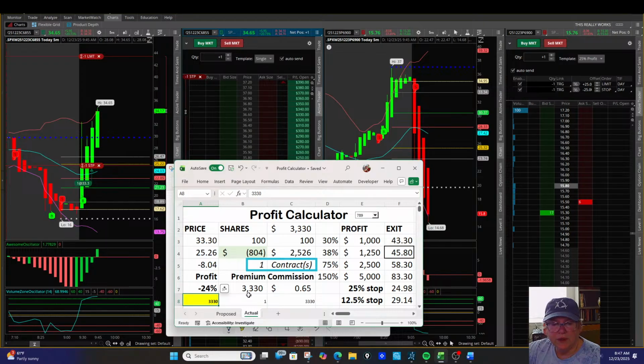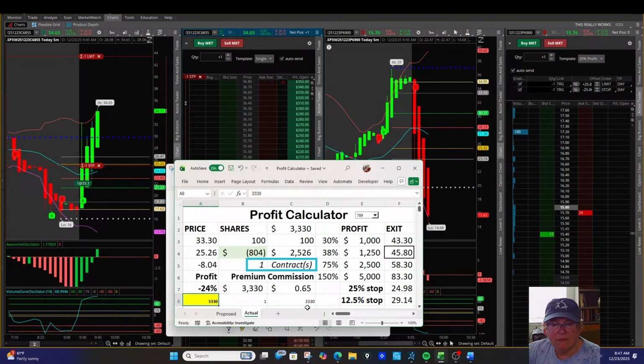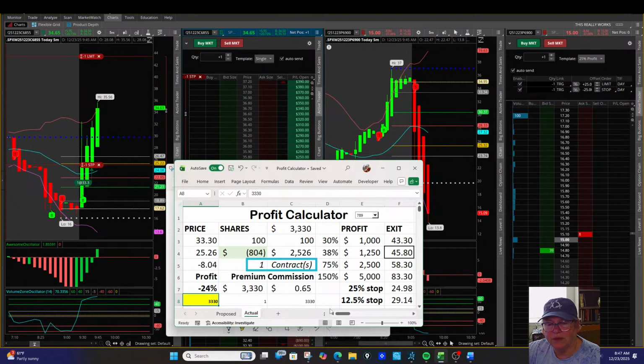The premium was 33.30. I put here two different stops. I was experimenting for a little bit with the 12.5% stop, and then I went back to the 25% stop. Looks like it's moving up.